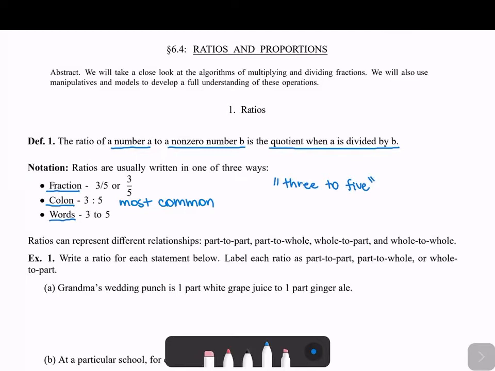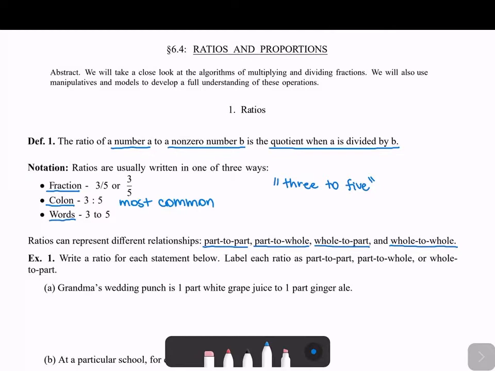Ratios can represent a lot of different relationships. They can represent part to part, part to whole, whole to part, and whole to whole. The book only talks about part to part, part to whole, and whole to part, so we're going to add whole to whole.